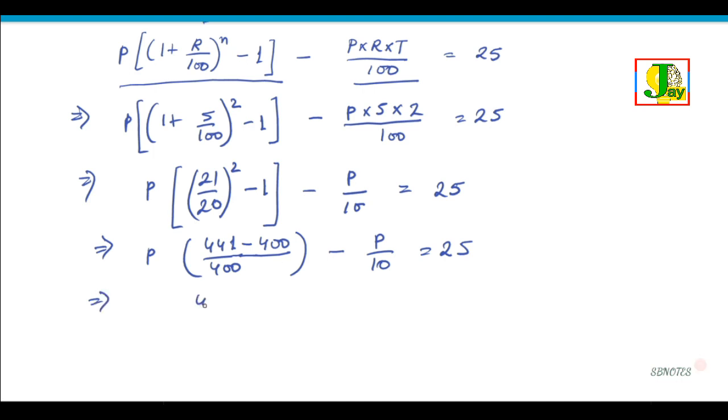That's 441 minus 400, 41 by 400 P minus 1 by 10 P, or P by 10, equals 25.